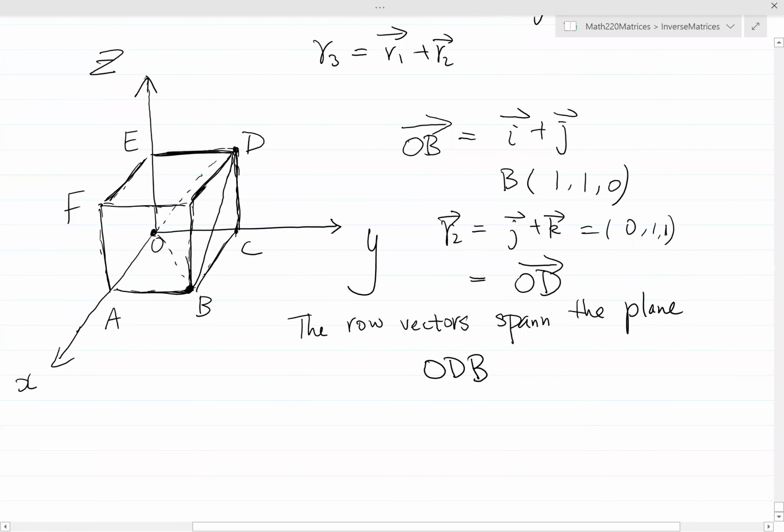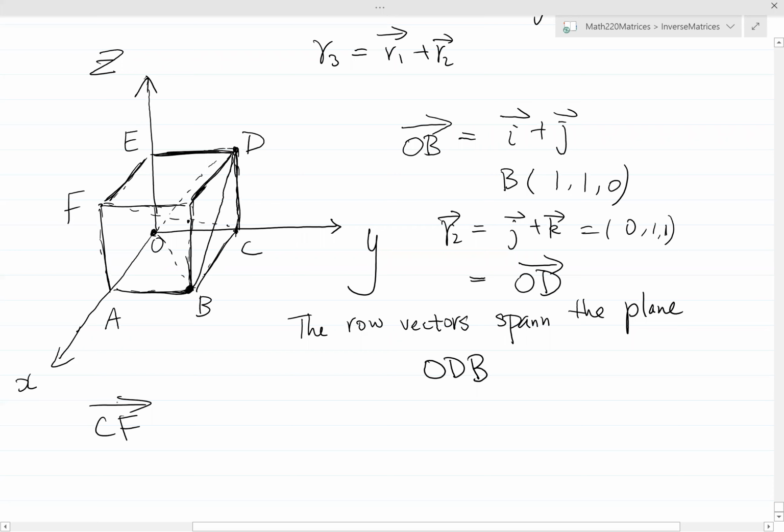The null space here is a line perpendicular to this plane. Looking at the picture, the diagonal of the cube, CF, is perpendicular to the plane OBD.